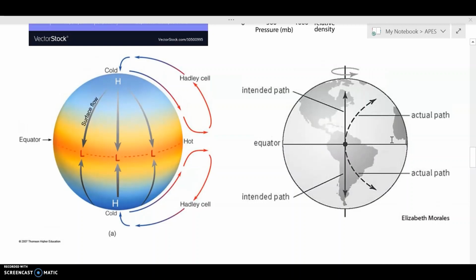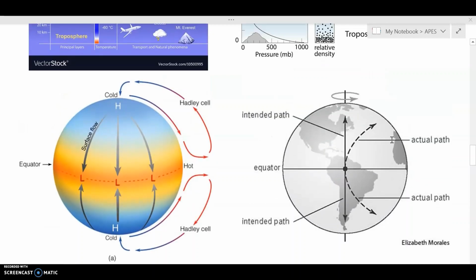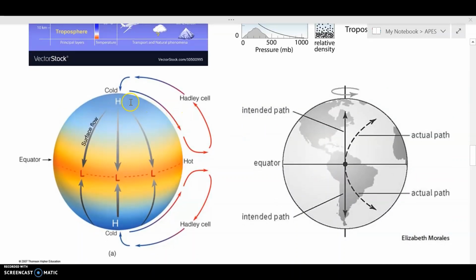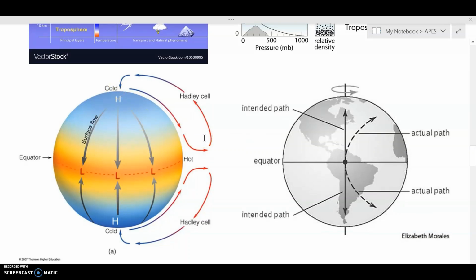Okay, and now we're going to discuss wind currents. Wind currents occur because of two things. The first thing we're going to talk about is Hadley cells. The air that's away from the equator is going to be cooler, because the sun gets the most direct sunlight at the equator, so the temperature is going to be warmer.